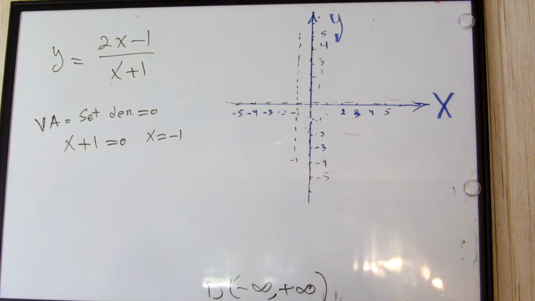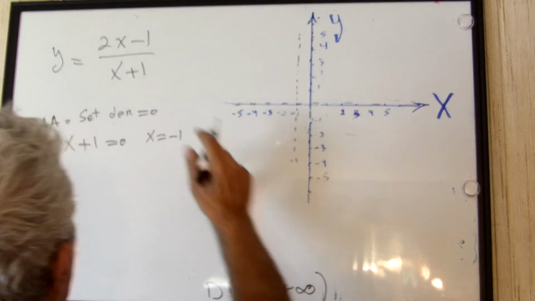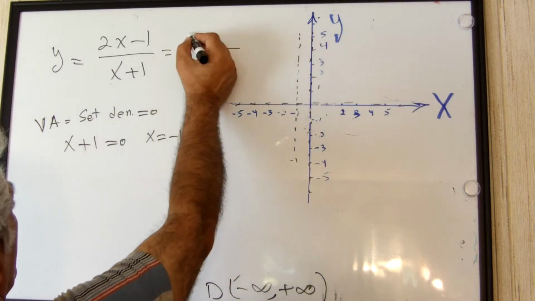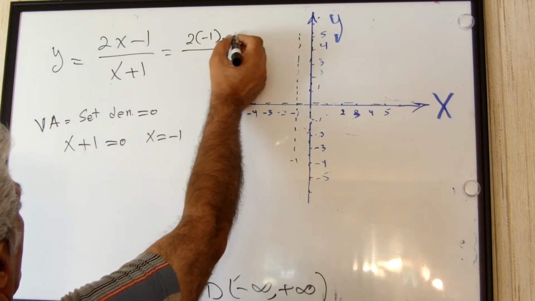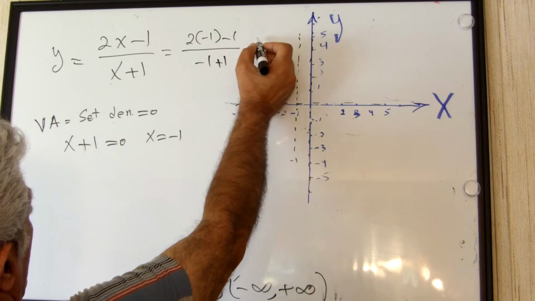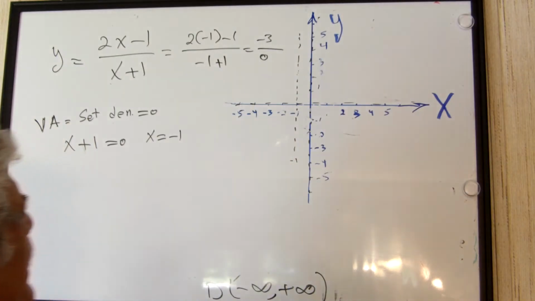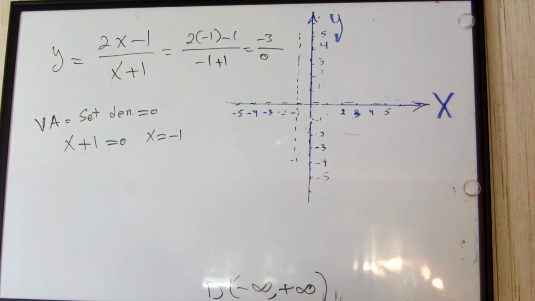Here you cannot use minus 1, because if you put minus 1 here, 2 times minus 1 minus 1 is minus 3, and minus 1 plus 1 is 0. So this is minus 3 divided by 0, which is infinity, or undefined.